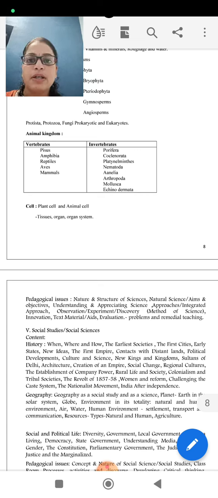These are also important. Sometimes they may ask directly who is the father of the observation method. They may ask one or two direct questions from this pedagogy. They ask about the fathers of these methods, and they may ask about evaluation. This is also an important subtopic in pedagogy.